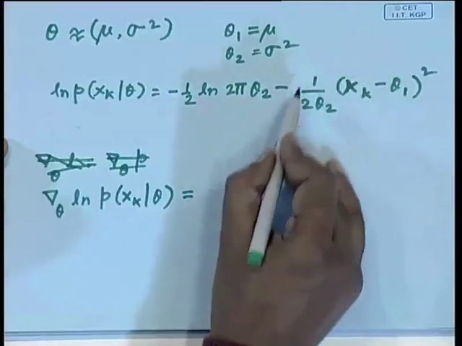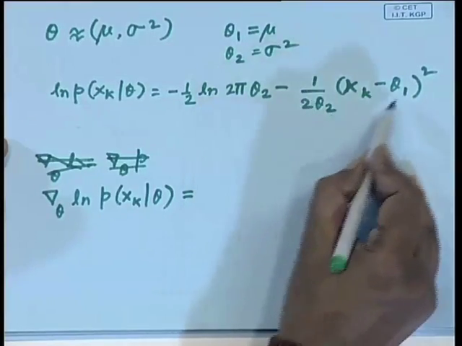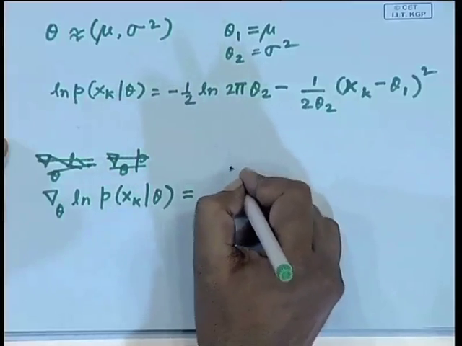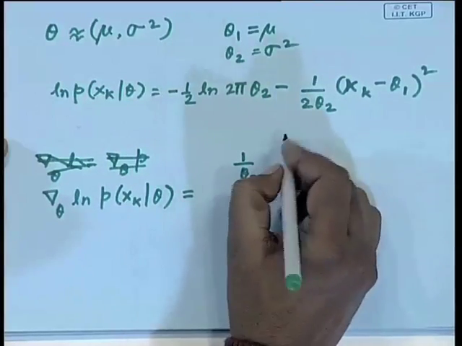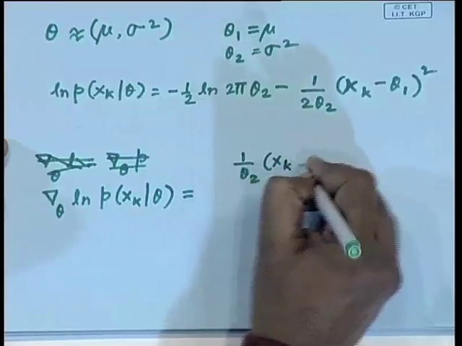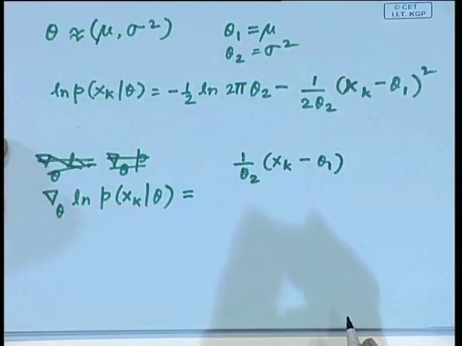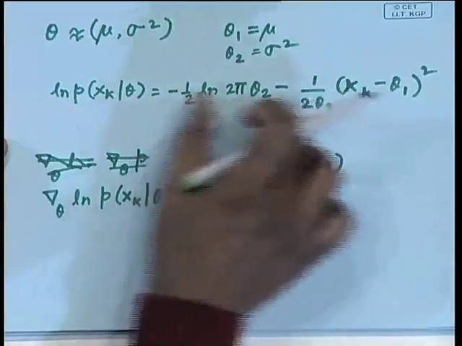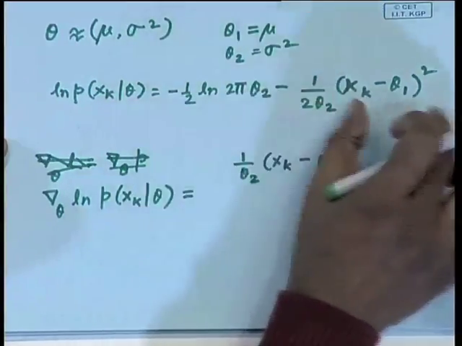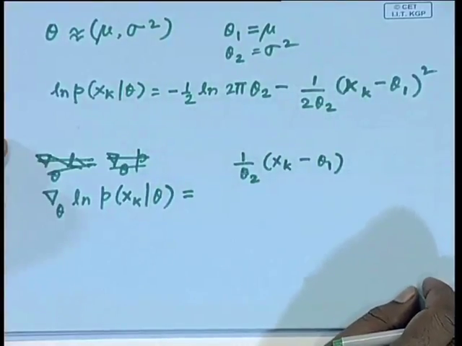So, what I have is the derivative of this with respect to theta 1, and when I take the derivative of this with respect to theta 1, it simply becomes 1 upon theta 2 into x k minus theta 1. And when I take the derivative of this with respect to theta 2, you find that the derivatives corresponding to both the terms will exist, because in both the places I have theta 2.